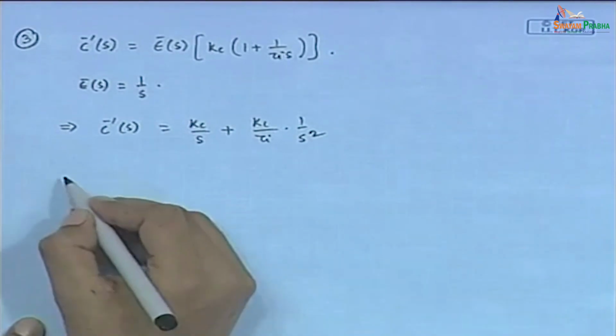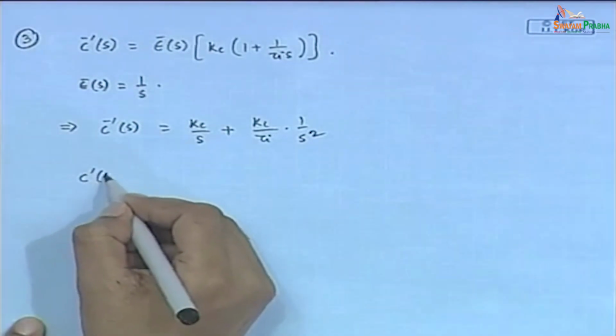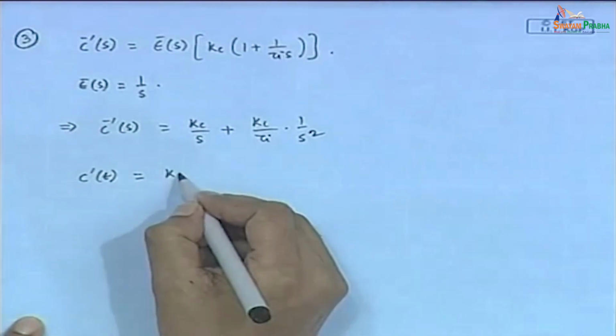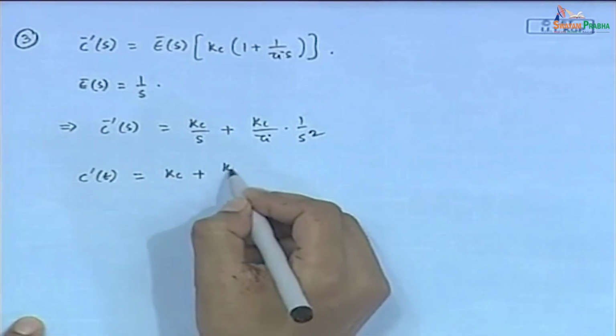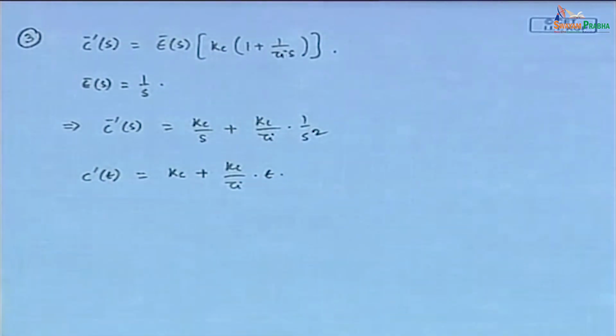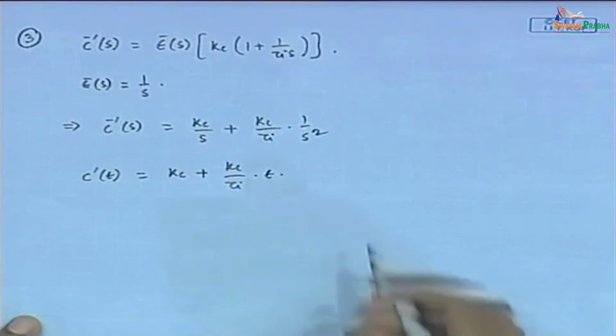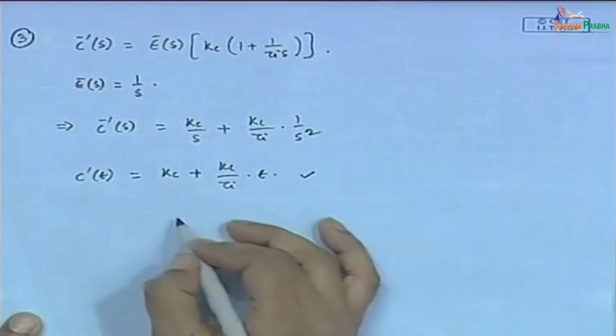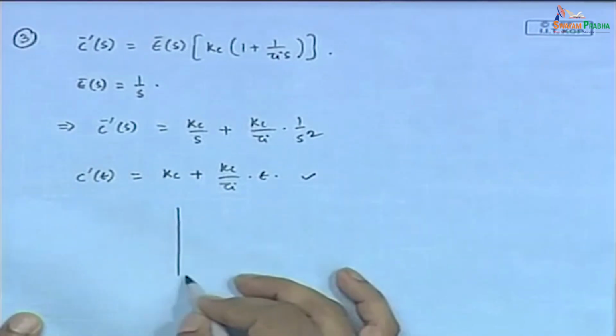Now, inverting this, taking the inverse Laplace transform, we obtain finally C prime t equals Kc plus Kc divided by tau I multiplied by t. Now, we will represent this graphically.